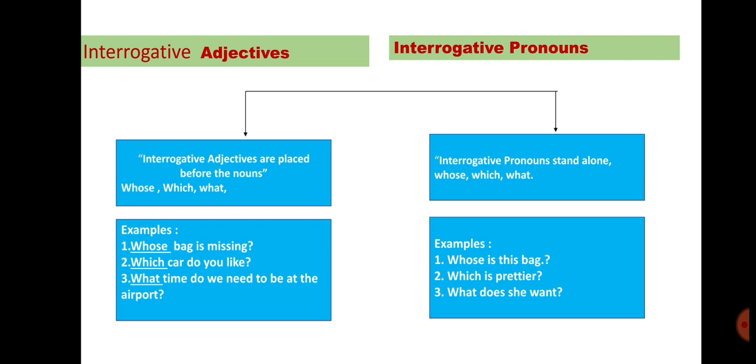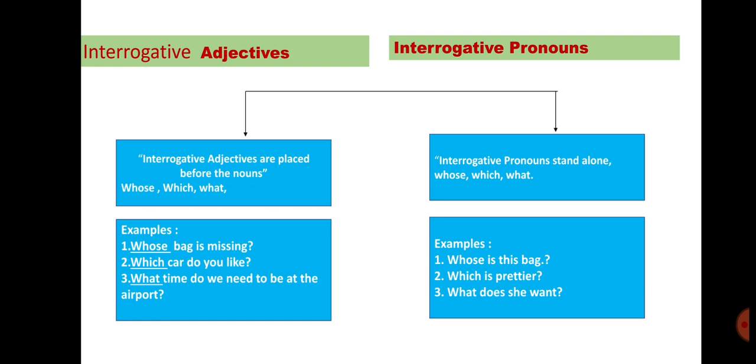Whereas adjectives have a noun after them. I hope you all are clear with demonstrative, interrogative and possessive adjectives. Do not get confused. Any doubts or queries we'll be solving once we come back to school.